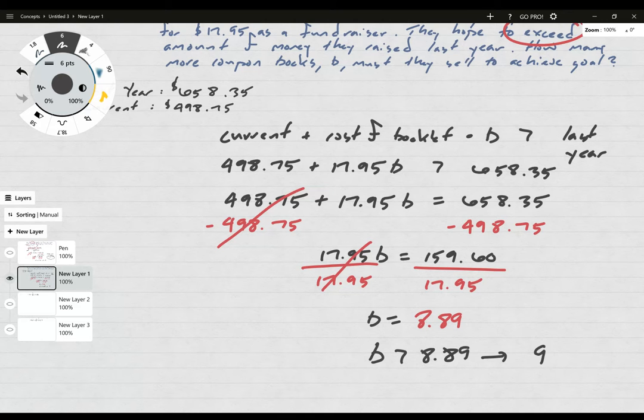Okay, so again, solving multi-step inequalities, we wrote our inequality using the information given. Then we rewrote it as an equation, and then we used our inverse operations to isolate B, and that's what we solved for. So the number of booklets has to be more than 9.